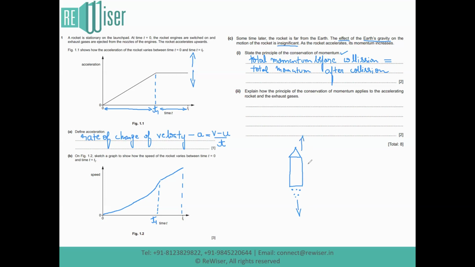Let's assume that the mass of the rocket is capital M, while the mass of the gases is small m. Let's assume that the gases are expelled with a velocity vg downward. Let's assume that the rocket is expelled upward with a velocity vr.